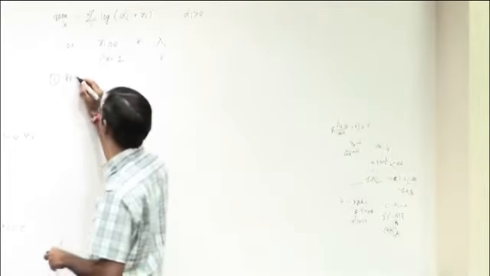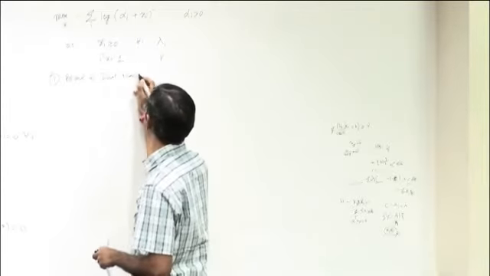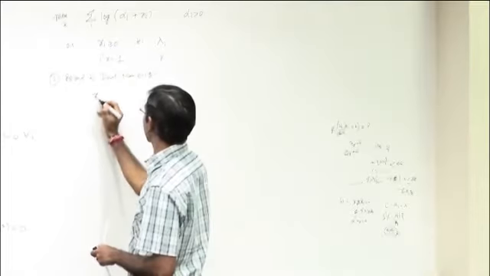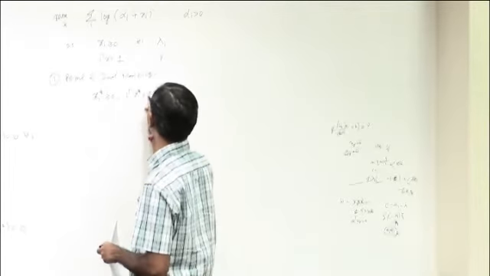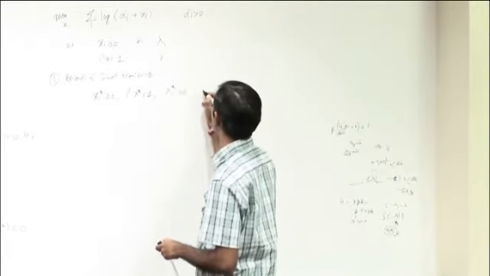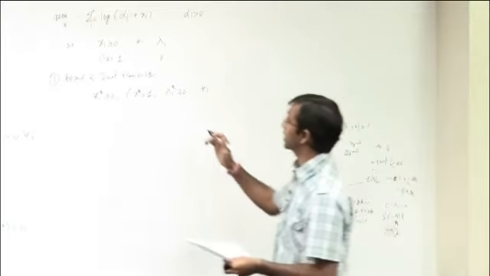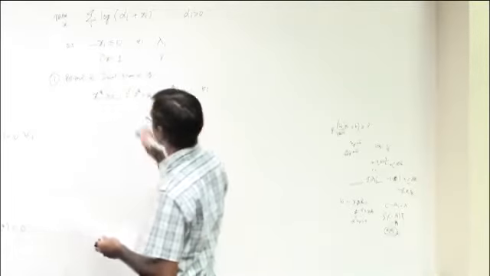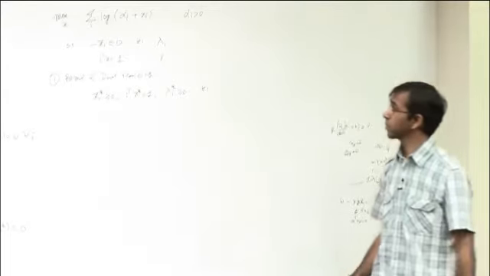So my primal and dual feasibility will imply the following set of conditions: x i star should be greater than or equal to 0, 1 transpose x star is equal to 1, and lambda i star should be greater than or equal to 0 for all i. I'll write this constraint as minus x i less than or equal to 0. This is clear?